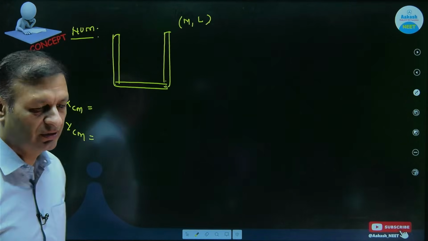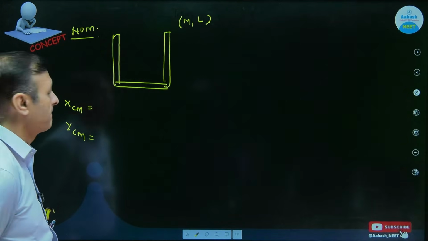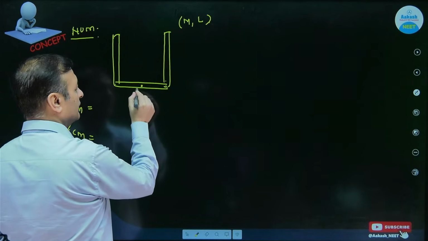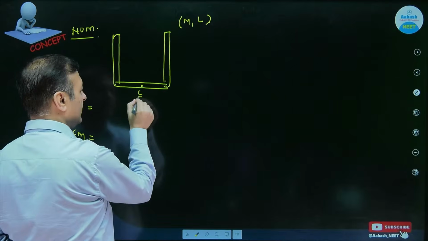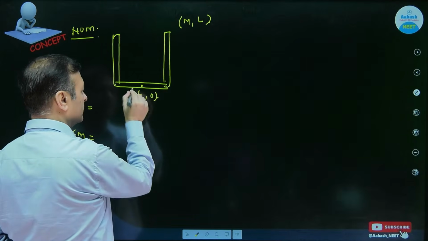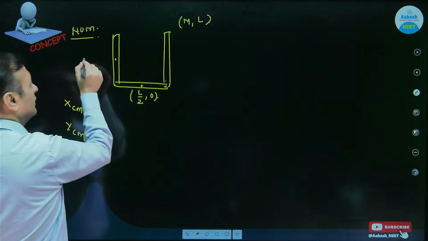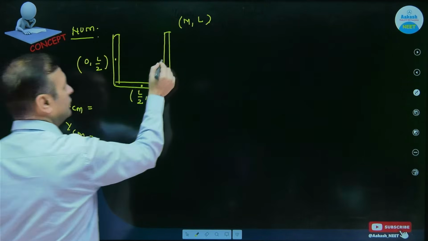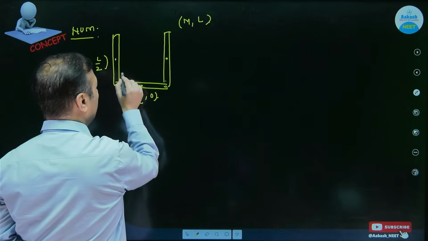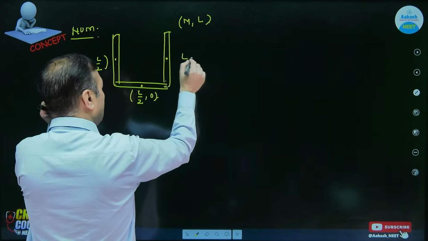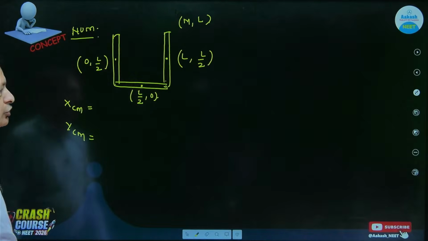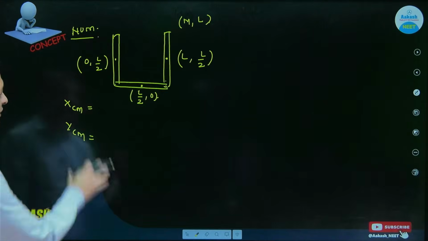Good, Aditi, good. Now for this one, again mass is m, so x coordinate is this, y coordinate is this. For this one, its x coordinate is 0, y coordinate is L by 2. For this one, its x coordinate is L and its y coordinate is L by 2. So now once you have all the 3 coordinates, you just need to put the values in the given formula.